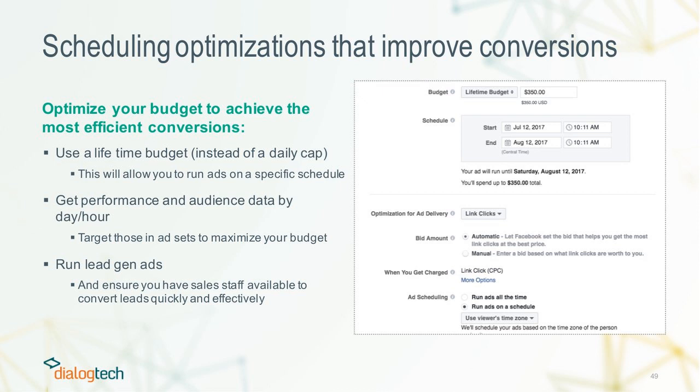I actually don't run lead gen ads on the weekend because I don't have a salesperson on staff during that time, and I find that whenever a lead goes even just 24 hours, the conversion rate is less. So my dollars aren't working as hard. If you set up lifetime budgets and a very specific schedule that is catered to each goal and each ad type, I think you're really going to find that you get better cost per goals.